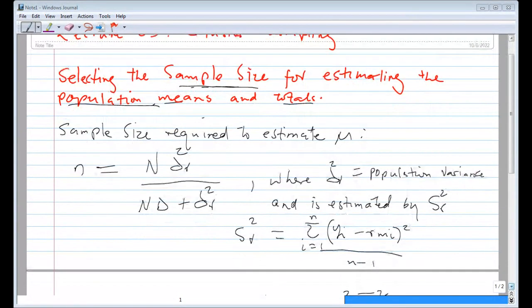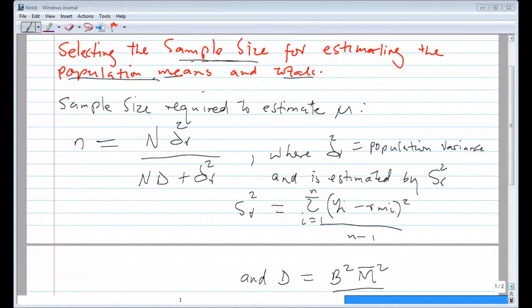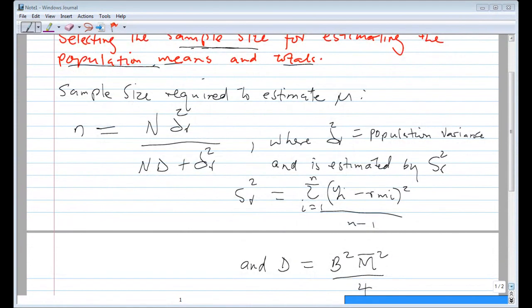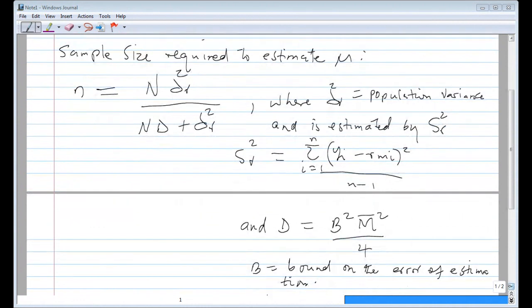It's equal to N times the population variance divided by N times D plus the population variance, where that population variance is estimated by the sample variance, which is given by the summation of yi minus r mi all squared divided by n minus 1.